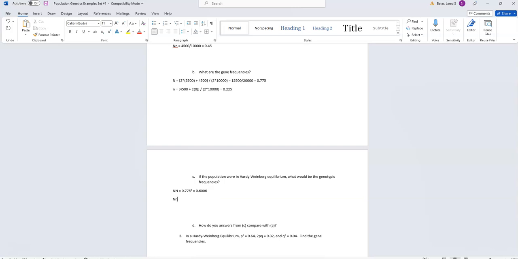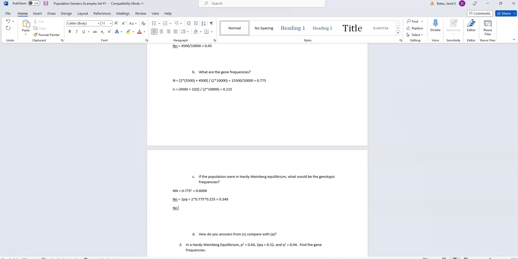For my heterozygote, it's 2pq. That's going to be 2 times 0.775 times 0.225, and that will be 0.349.